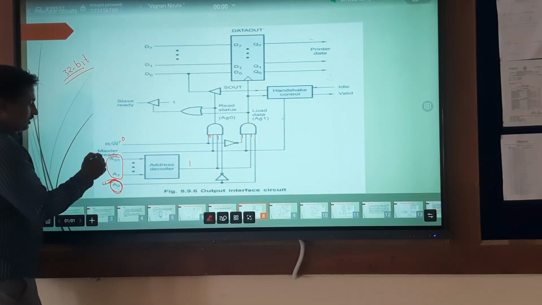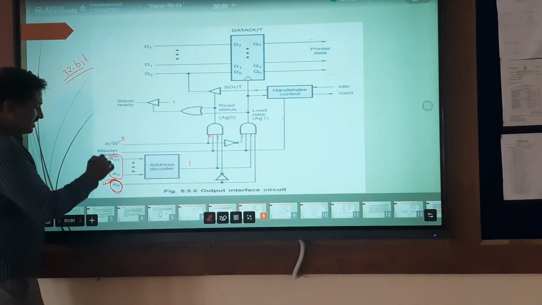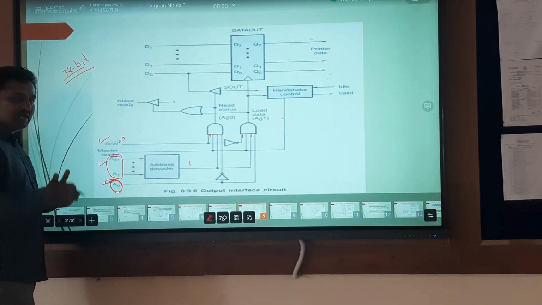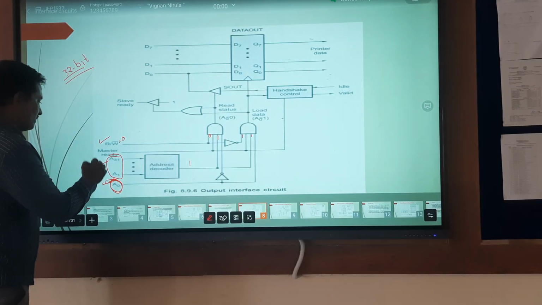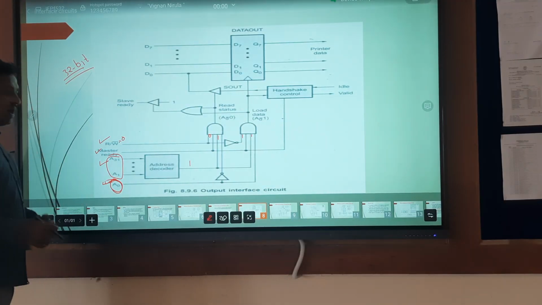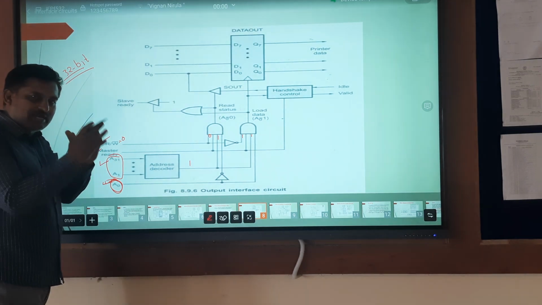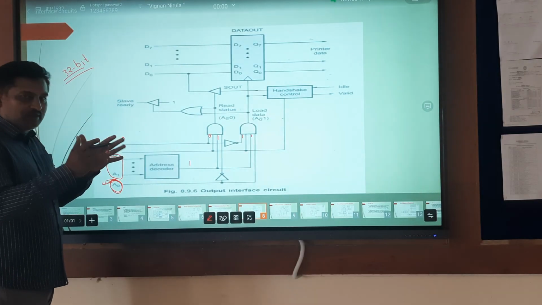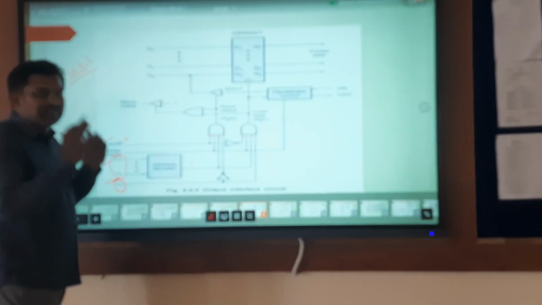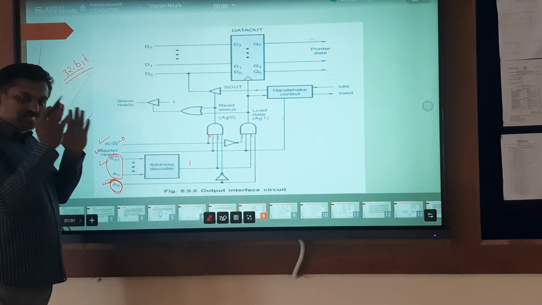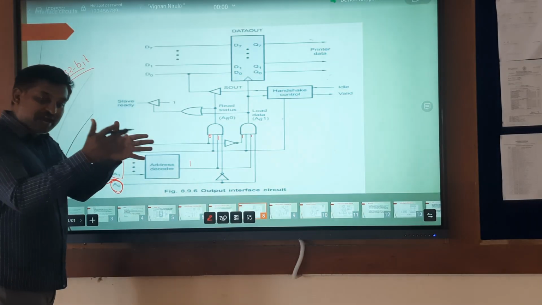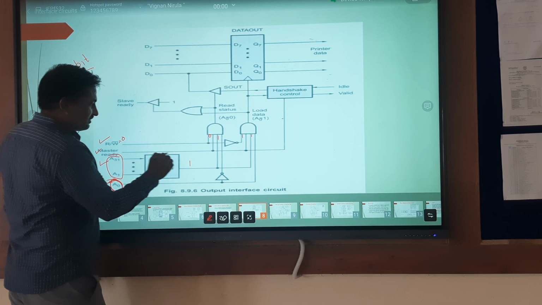Next, after performing these two operations, the processor informs the slave device by accepting the master ready signal. Once the master ready signal is accepted, the slave devices are identified. The master is participating in the data transfer.